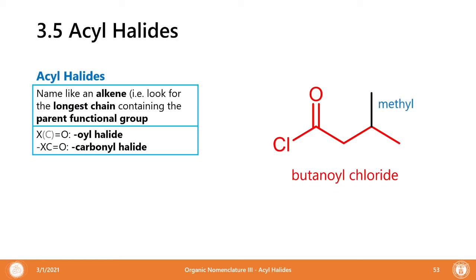Here we find the substituent methyl, and then doing locant numbering, starting number 1 at the carbonyl carbon, 1, 2, 3, 4. Okay, when we assemble the name, we get 3-methyl butanoyl chloride.